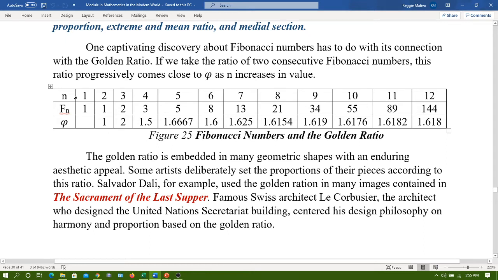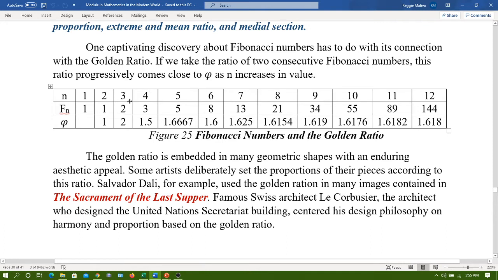Example, if n is 1, 2, 3, 4, 5, 6, 7, 8 up to 12, and f of n equals, so when we substitute 1 and 2 in n, the value of the Fibonacci number is still 1. But if we put 3, the value of f of n is 2.